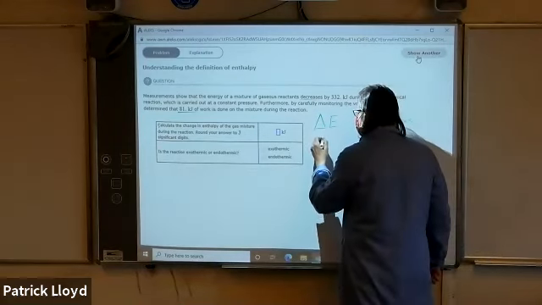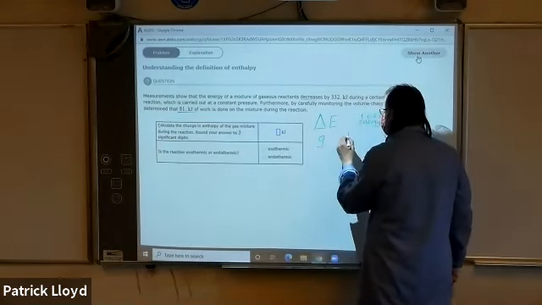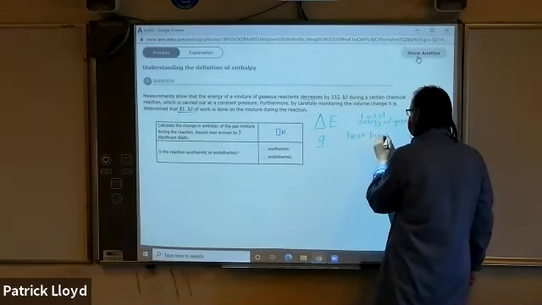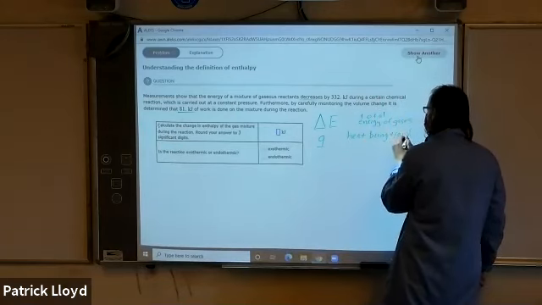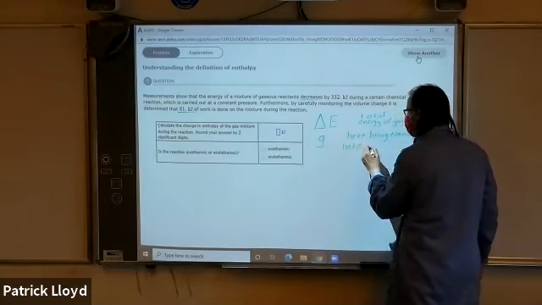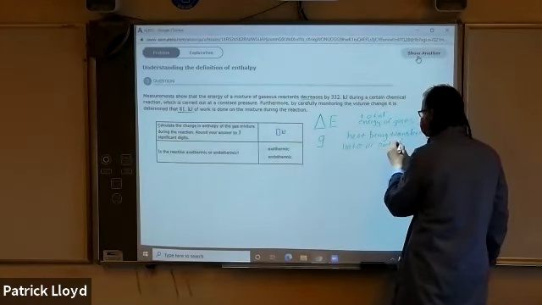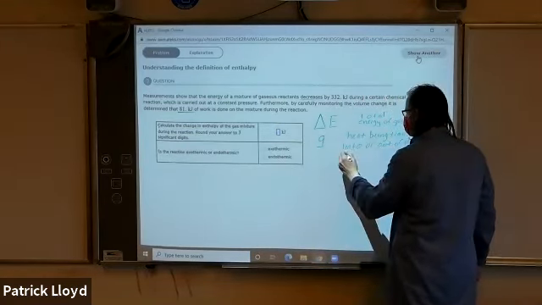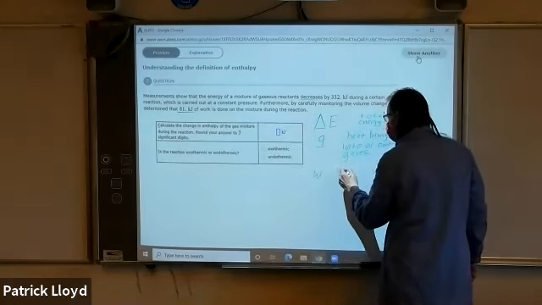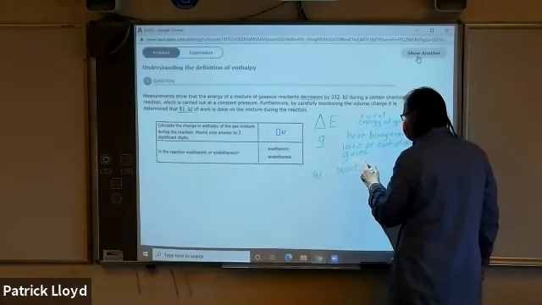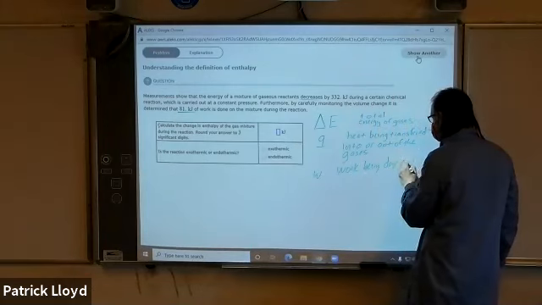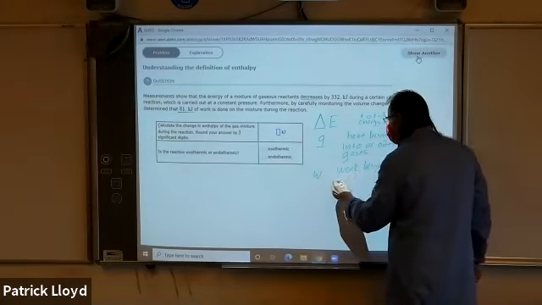Then you've got your Q, which is the heat being transferred into or out of the gases. Then you get your W, this is the mechanical work being done on the gas, or on the gases, or by the gases.